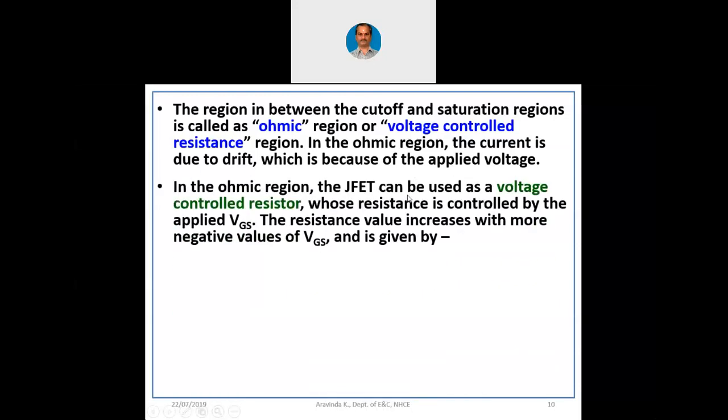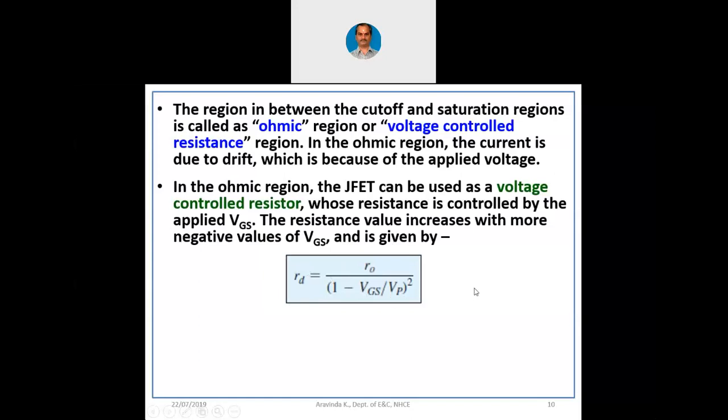In the ohmic region, the JFET can be used as a voltage controlled resistor whose resistance is controlled by the applied VGS. The resistance value increases with more negative values of VGS and is given by an equation. This is the equation: small rd equals small r naught divided by 1 minus VGS by Vp whole square.